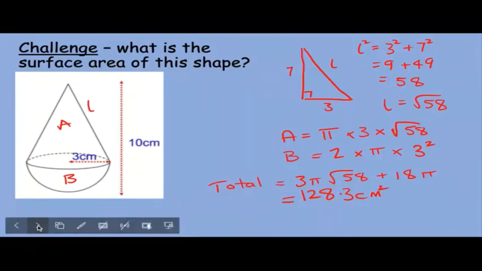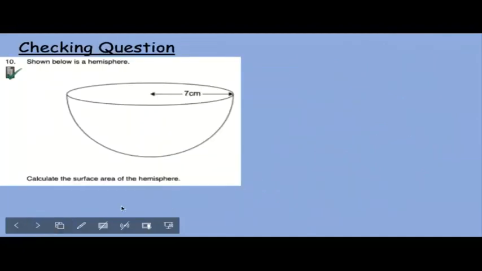So, side heading now, checking question. We want the surface area of this hemisphere. If we think about our surface area, we need again to think about it in two parts, because we'd have this area here, the area of this circular section, and our area of our curved section, which is going to be half of the normal sphere surface area.